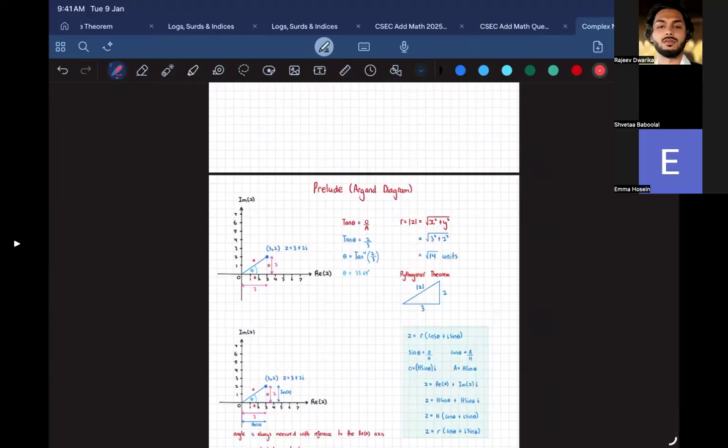It doesn't really have that much, it's just De Moivre's theorem, and after it's just a little more on the Argand diagrams with circles. And then after this, we're going to differentiation.